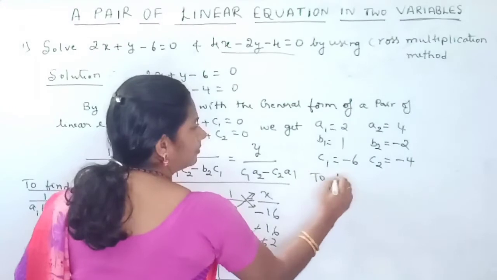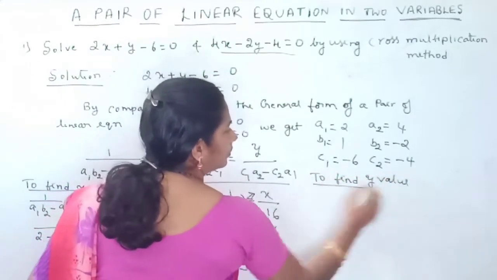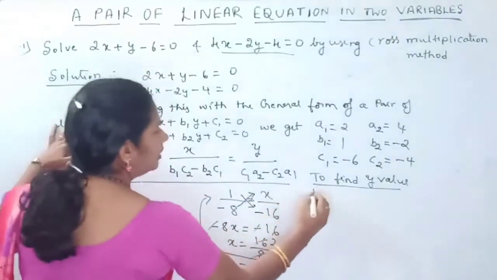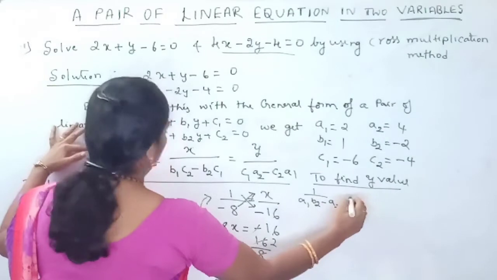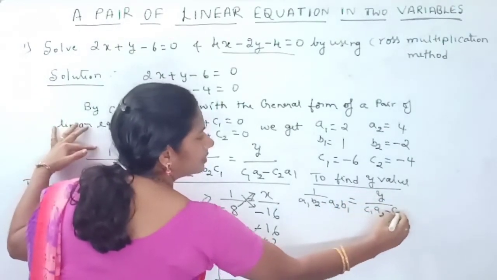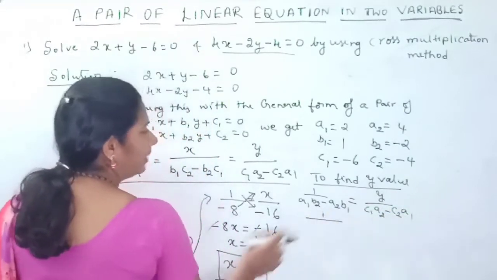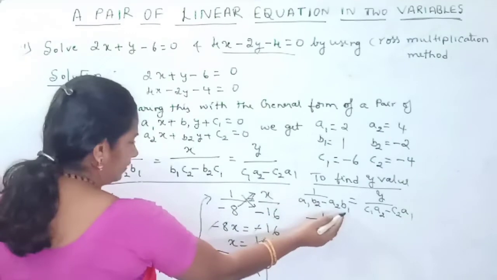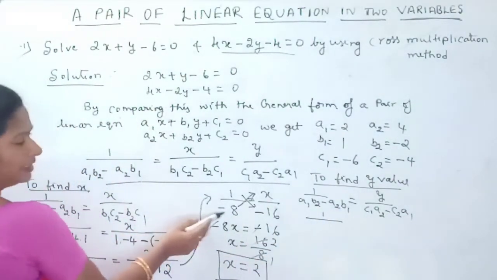To find y value, we have to take 1 divided by a1 b2 minus a2 b1 equal to y divided by c1 a2 minus c2 a1. Let us substitute the value, children. 1 by a1 b2 minus a2 b1, already we have calculated and we got answer as minus 1 by 8.